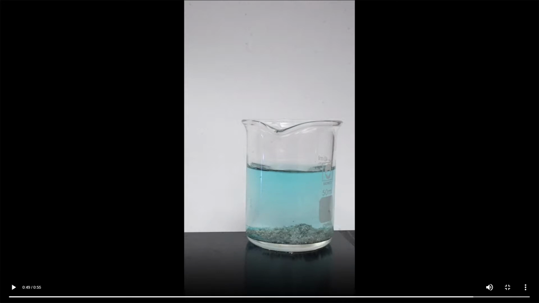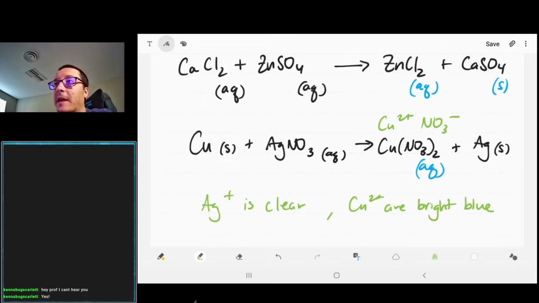That's not something you'll need to memorize, but that's, again, proof that this is happening. So we're forming solid silver at the bottom of our reaction here. And we're forming aqueous copper ions in the form of copper 2 nitrate. So, again, we have evidence of these solubility rules here.